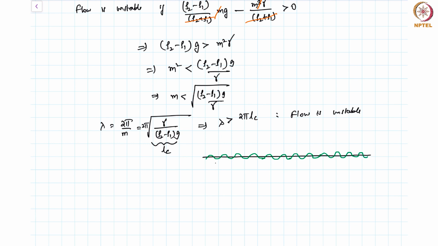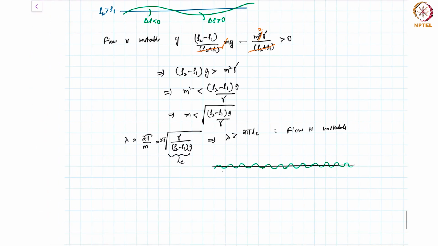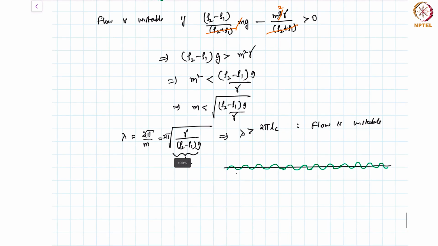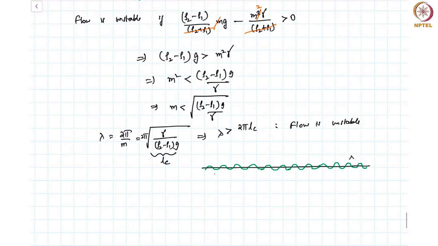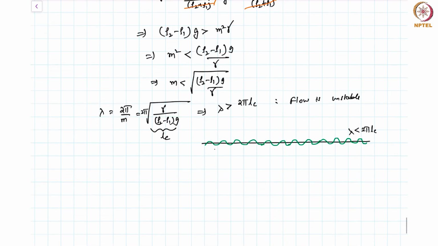The surface area for such a surface is so high that surface tension would not favor the growth of this kind of wave, and these waves are stable, right? So this is a case where lambda is less than 2 pi LC.